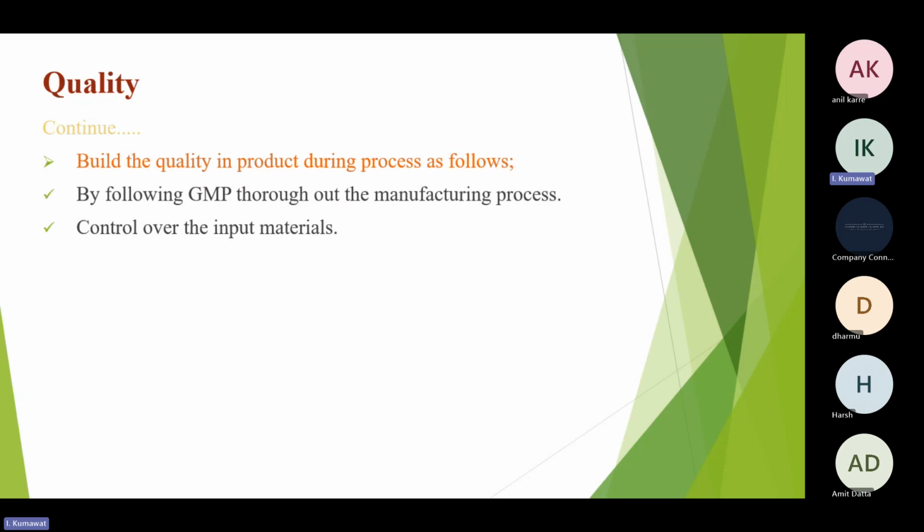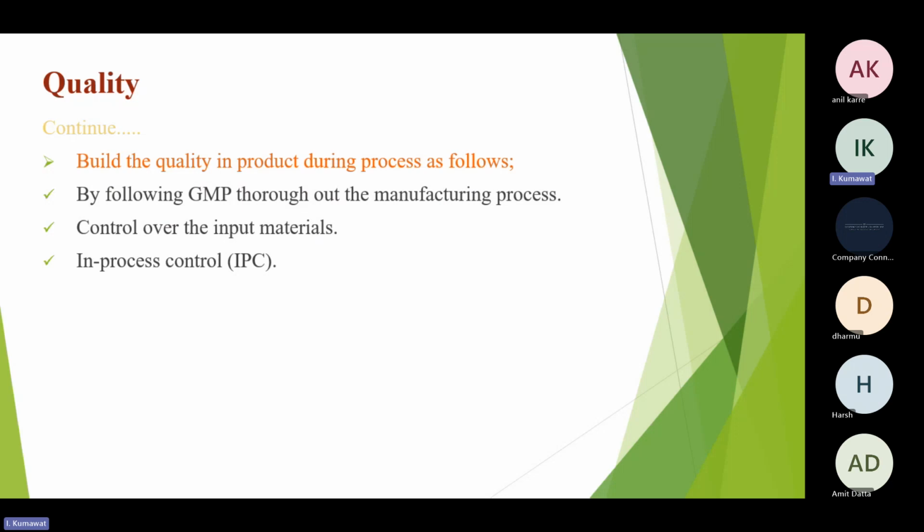The raw materials we have to procure from an approved vendor. The quality of the product should be good with respect to potency and shelf life. There should not be any impurities, or if there are, they should be within the defined criteria. So in short, we can control the quality of the product from the input material only.